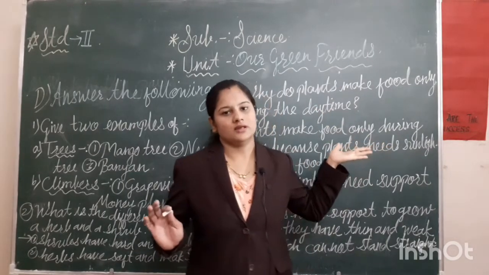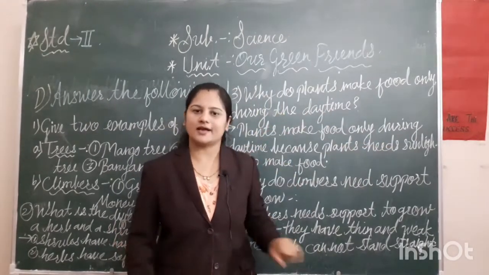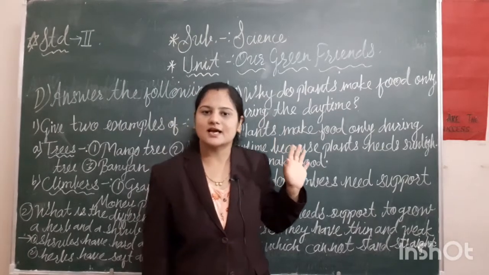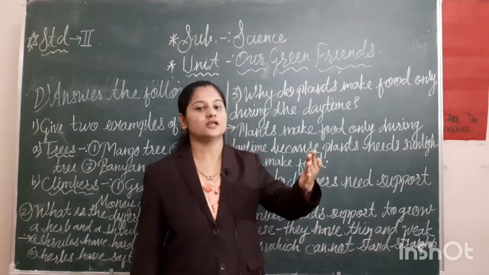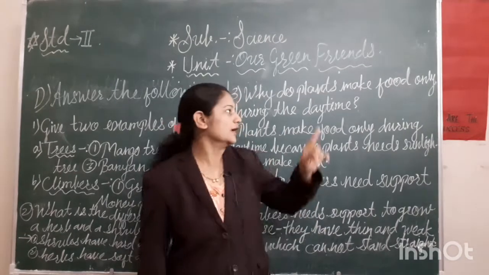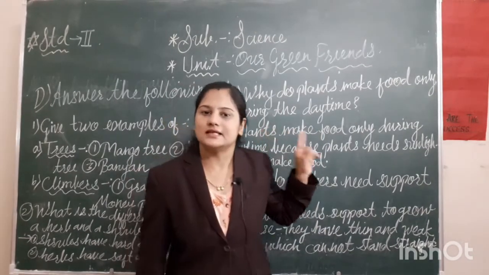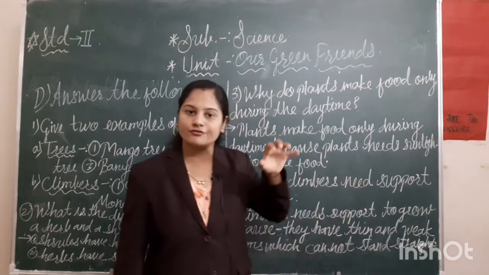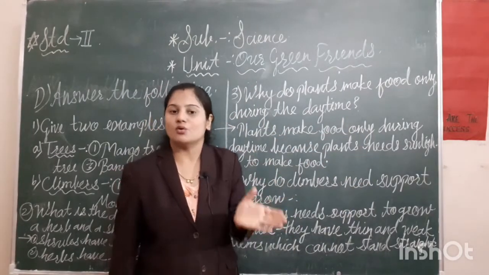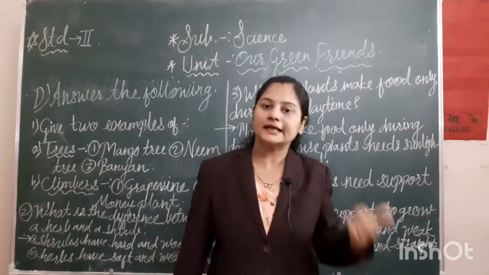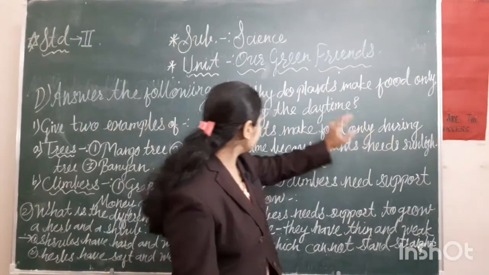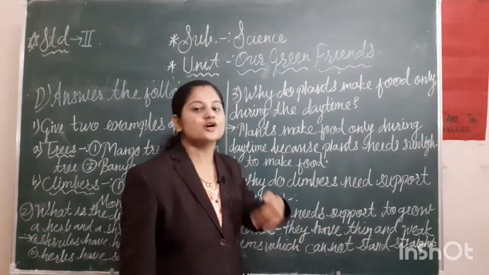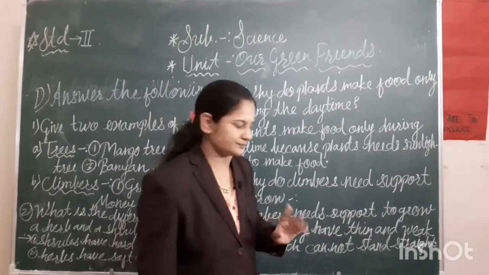Have you observed the sun in the sky at night? No students, we have sunlight only during the daytime, and plants need sunlight to make their food. That's why plants make food only during the daytime.